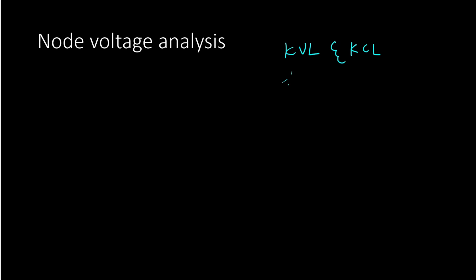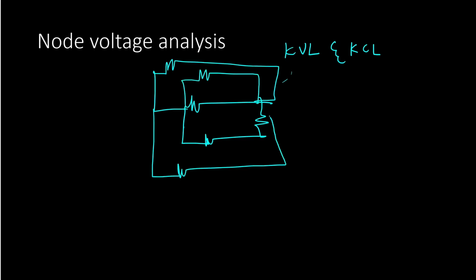If we wantonly apply KVL and KCL in multiple loops, like if I consider a circuit over here which has a very large number of loops, we would obtain several equations, and these equations would be very hard to solve.